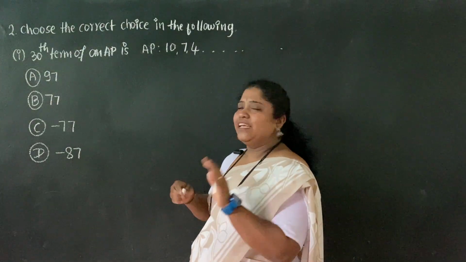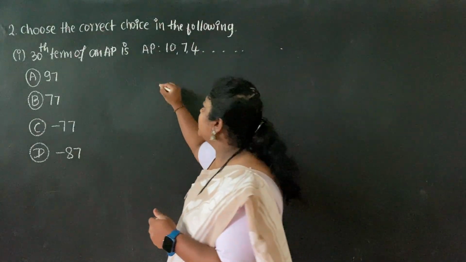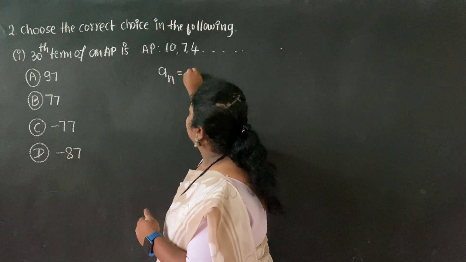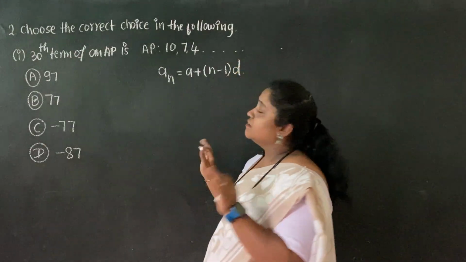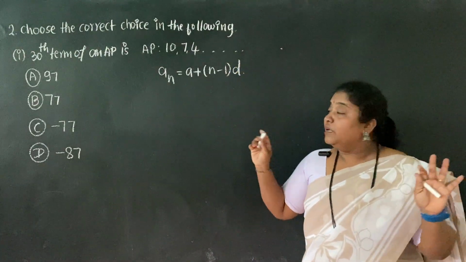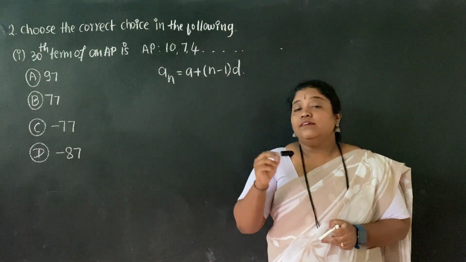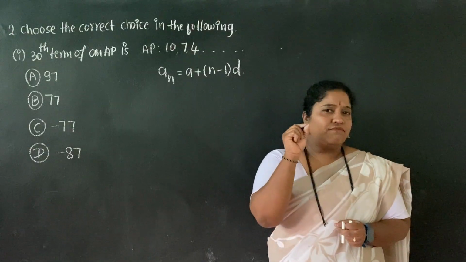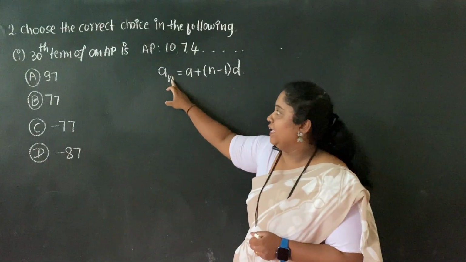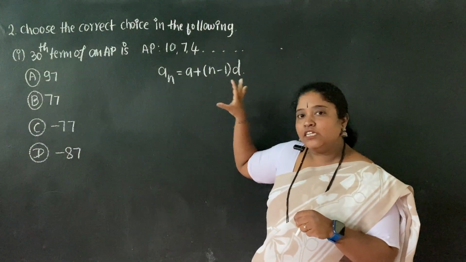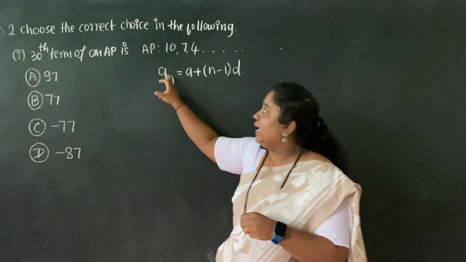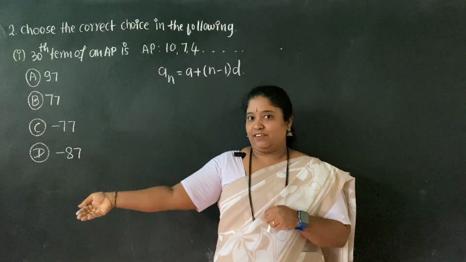Dear, we have a direct formula. What is the formula that we have? An is equal to a plus (n minus 1) into d. This is the direct formula. In this formula, what are the values that I am using? a, n, d. To elaborate, An is the nth term.